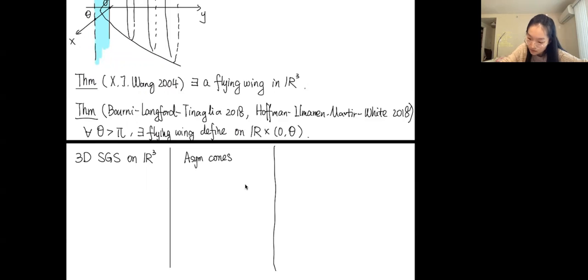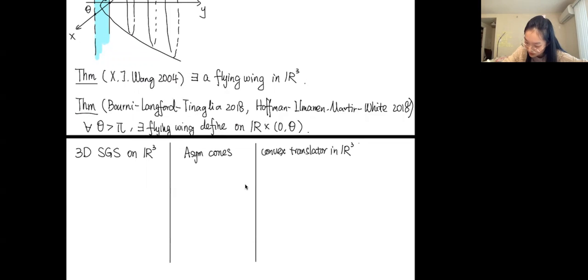In the next column, we want to look at the convex translator in R3. So that's the mean curvature flow objects and their definition domain.